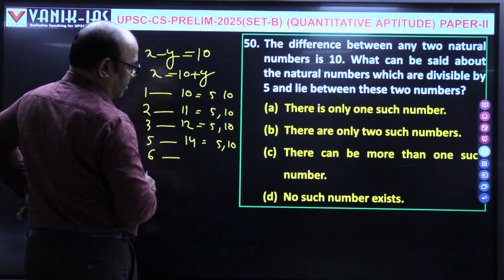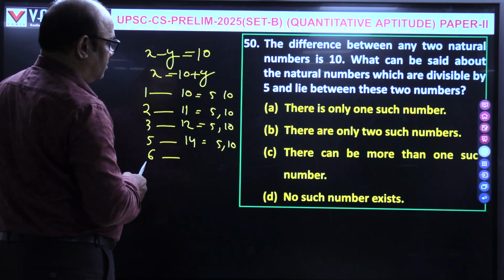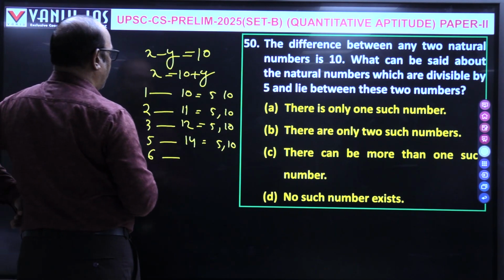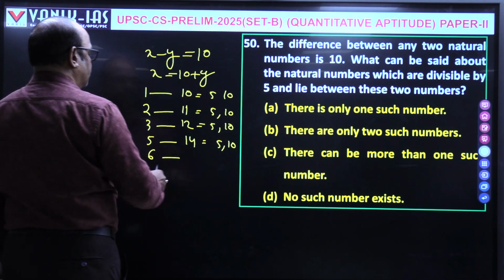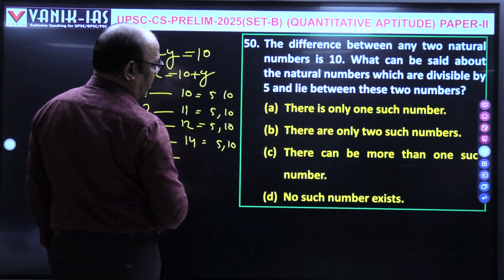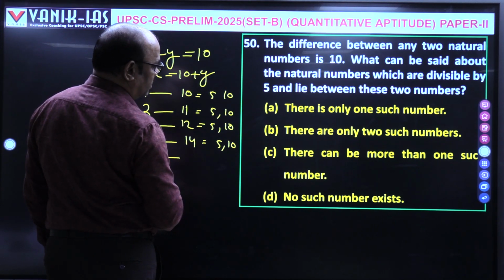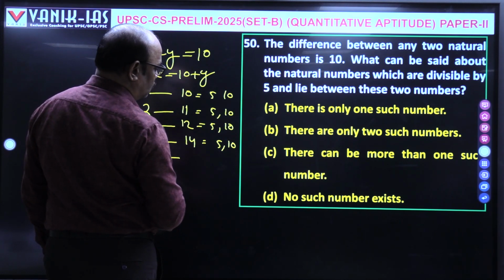6 to 15: there is only one such number, there are only two such numbers, there can be more than one such number, no such number exists.